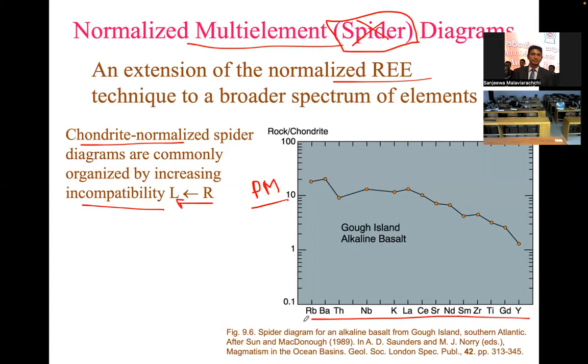That means the left side will have the most incompatible elements, irrespective of whether they are rare earth elements or other types of elements, right? So the most compatible elements will be on the right hand side. This arrow indicates the incompatibility increases towards the left hand side, right? In the previous case also we considered the similar thing.